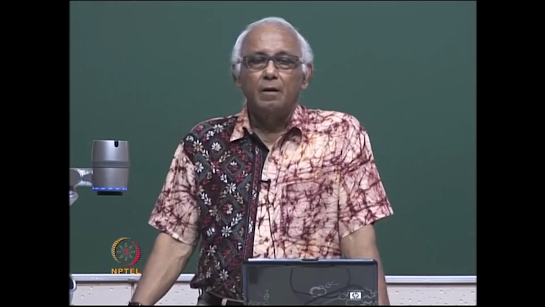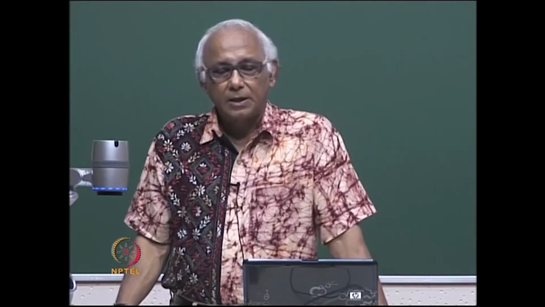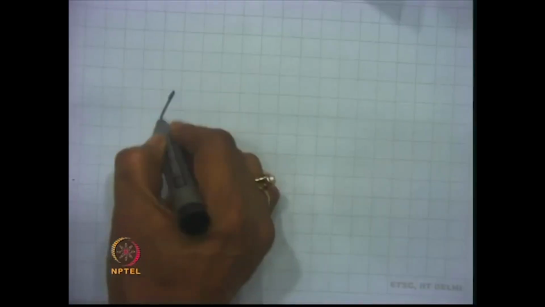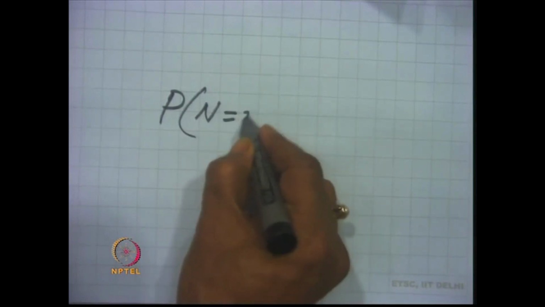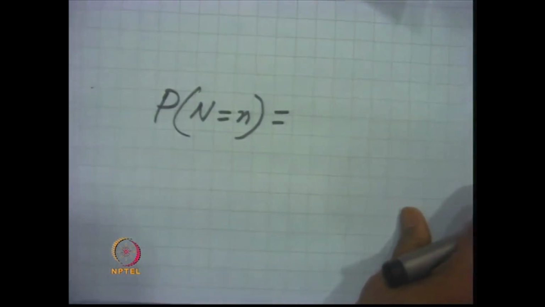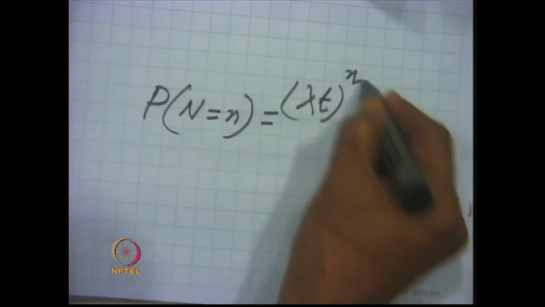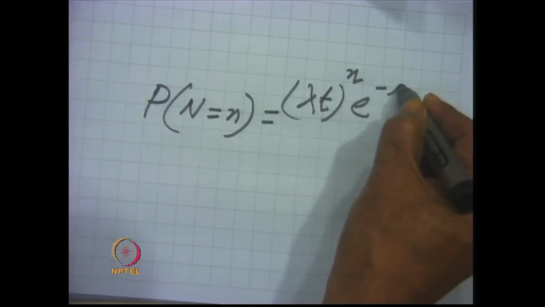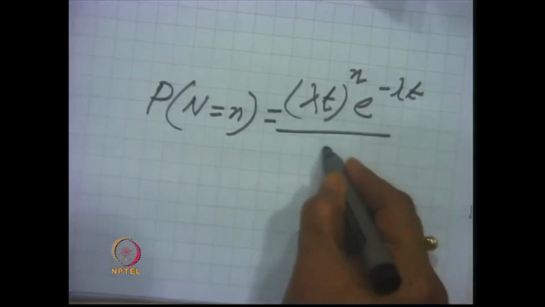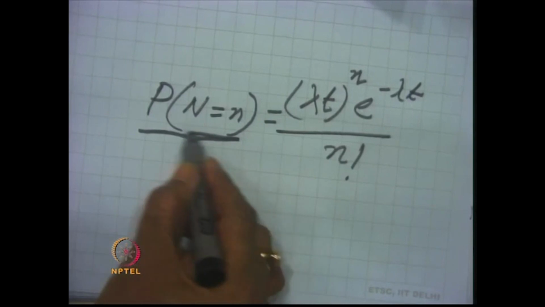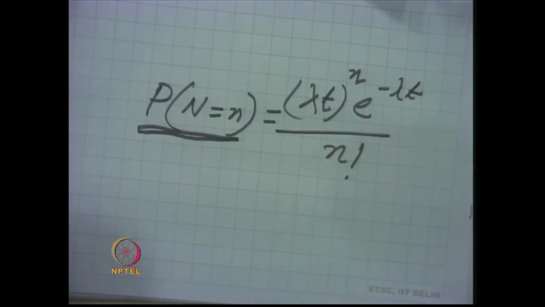The temporal distribution of the recurrence of an earthquake of some magnitude is given by the recurrence relationship of the PMF, that is, P of N equal to n is lambda t to the power n into e to the power minus lambda t, divided by n factorial, where the probability mass function gives the probability that the number of events occurring is equal to n.